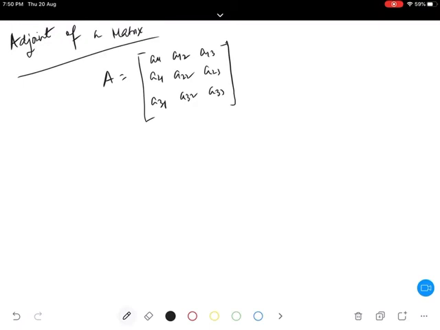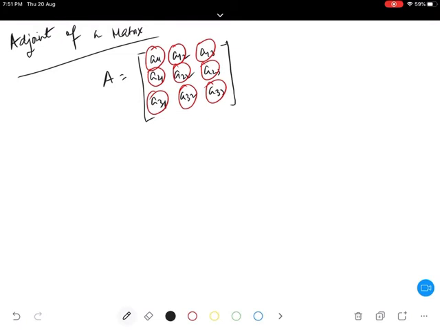In order to find the adjoint, I need to find cofactors of each one of them. And the cofactors of each one of them will become capital A11, capital A12, capital A13, like that. Yes or no? After finding the cofactors of each element, I will arrange the cofactors in the same way the elements are arranged.